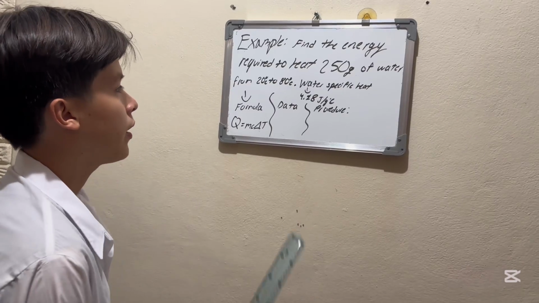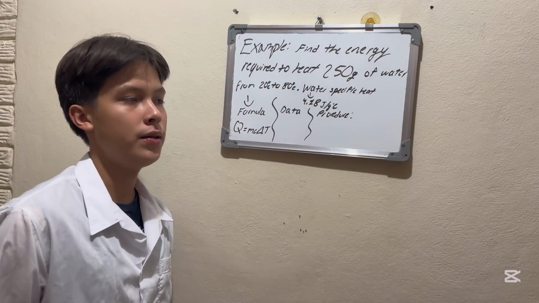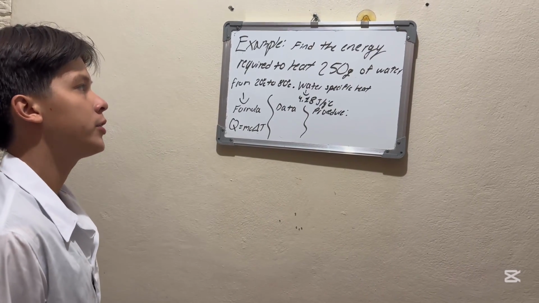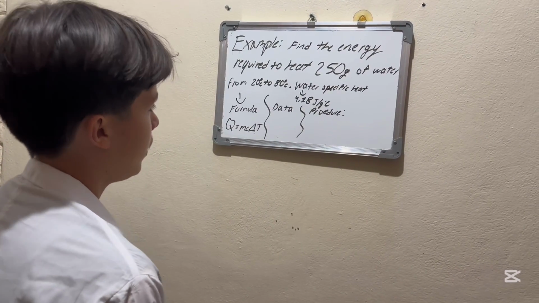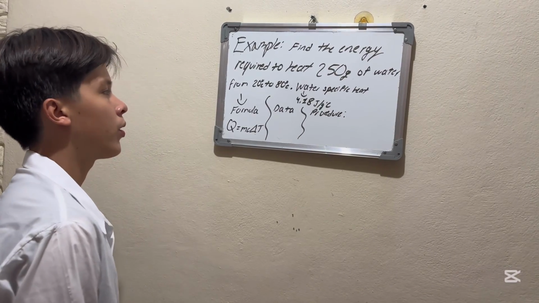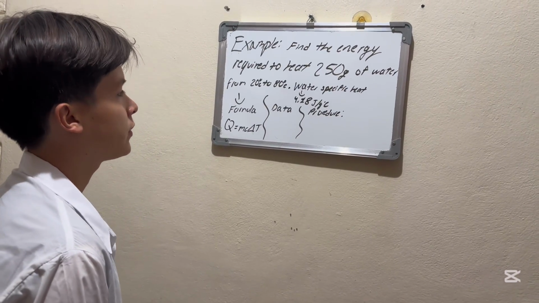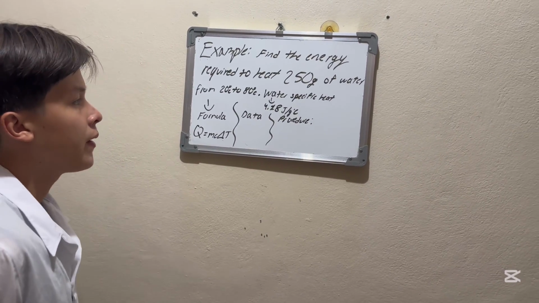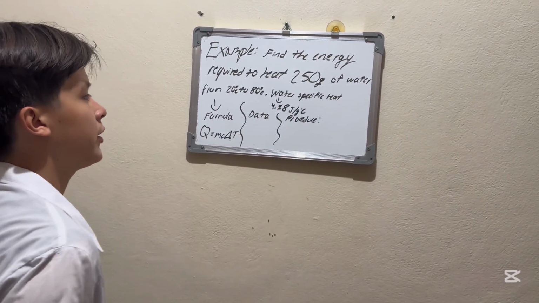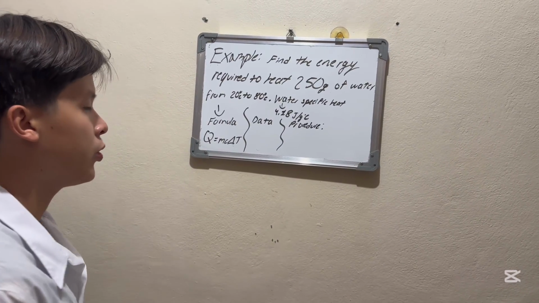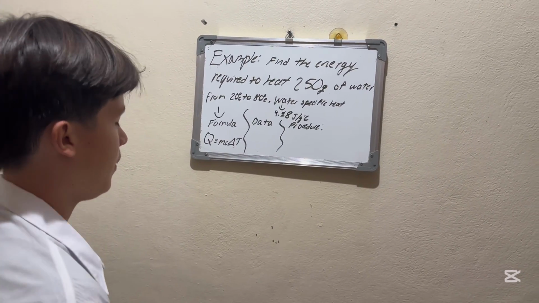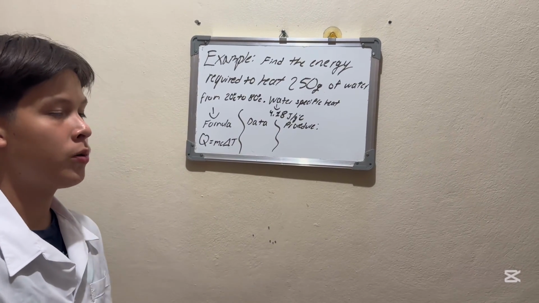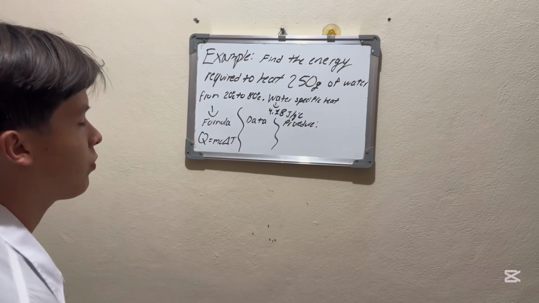Okay, here I have an example of how we can apply heat in real life. The example says, find the energy required to heat 250 grams of water from 20 degrees Celsius to 80 degrees Celsius. They tell us that the water has a specific heat of 4.18 joules per gram degree Celsius. So to solve this problem, we can use the formula of heat.